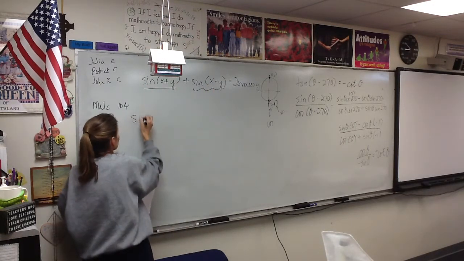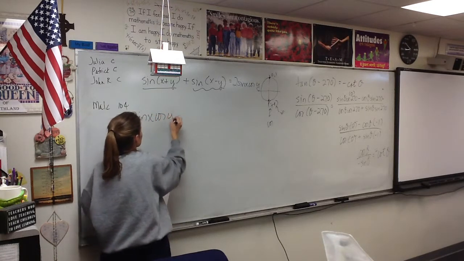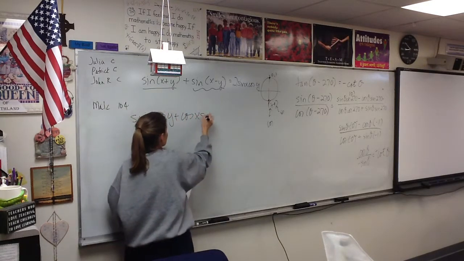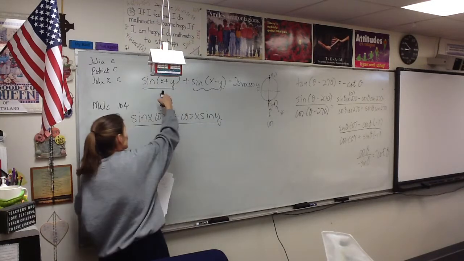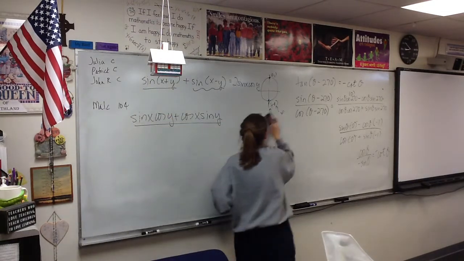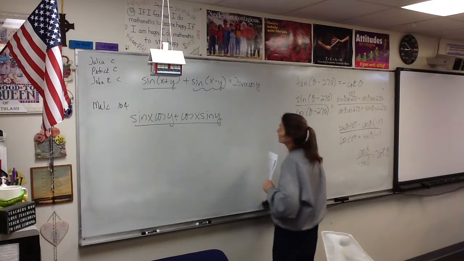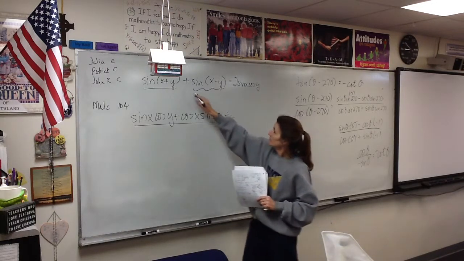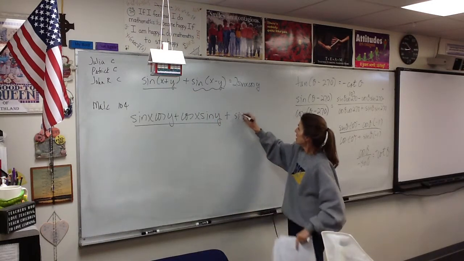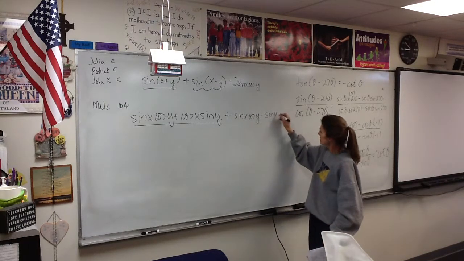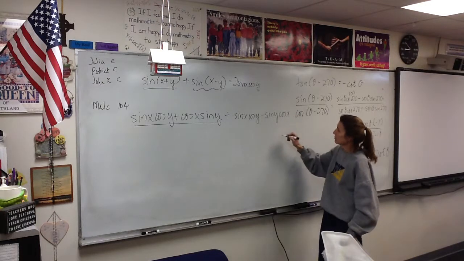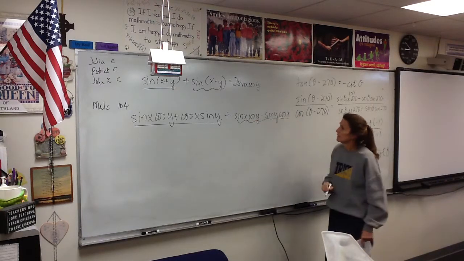So this one will be sine first, cosine second, plus cosine first, sine second. That's this right here. All that is that. Now plus sine first, cosine second, minus sine second, cosine first. So they're kind of backwards than I usually do. That's the second part.